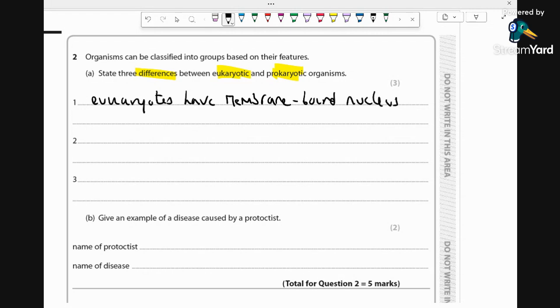Prokaryotes technically do have a nucleus, it's just not membrane bound, so we call it a nucleoid region or a nucleoid.